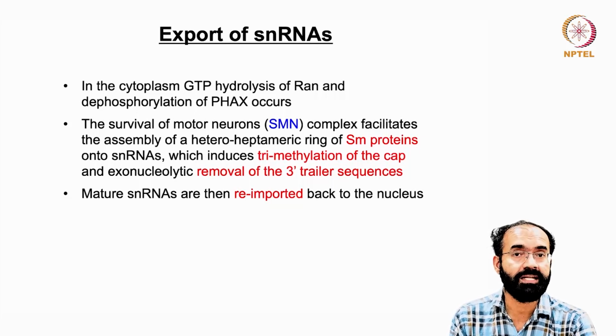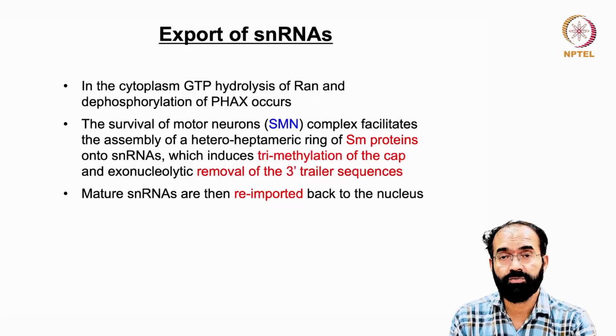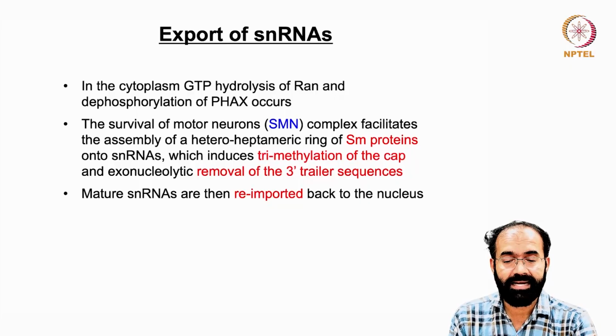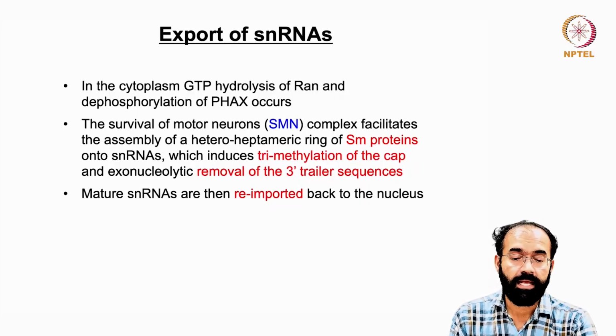It comes from the nucleus monomethylated, and now it induces the trimethylation of the cap nucleotide. The cap guanosine, monomethylated, now becomes trimethylated, and there is exonucleolytic removal of the 3' trailer sequence. There is no polyadenylation, but there is exonucleolytic removal of the 3' few bases from the snRNA that takes place in the cytoplasm.